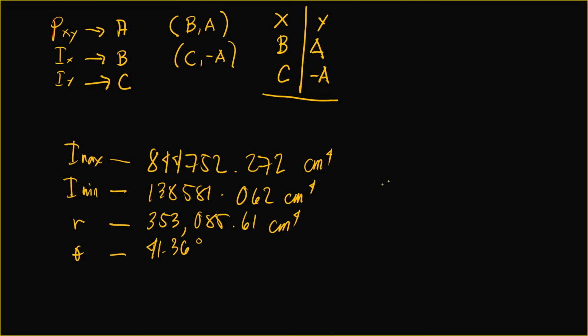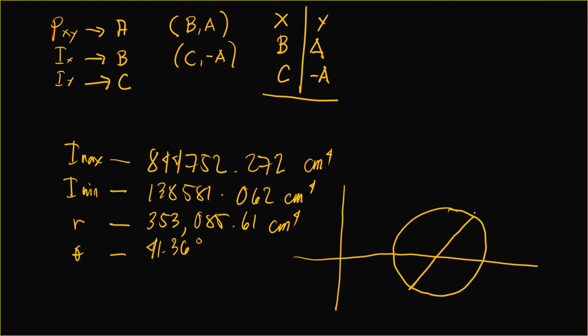If we draw this, here is the point B, A, and this is C, negative A. Then this point is the maximum I, the maximum moment of inertia, and this other point is the minimum moment of inertia.